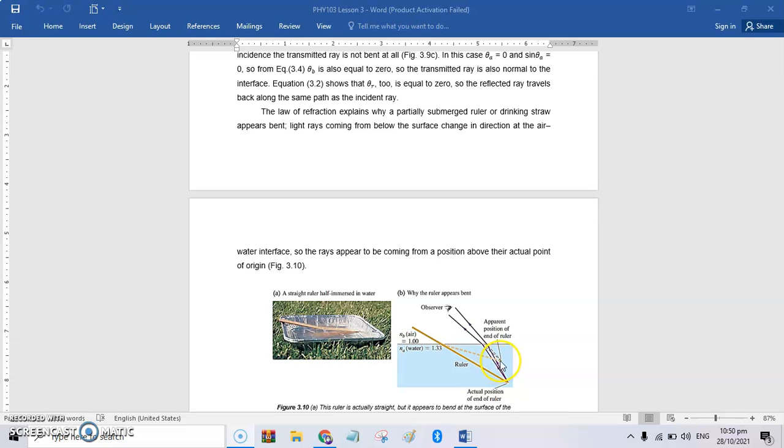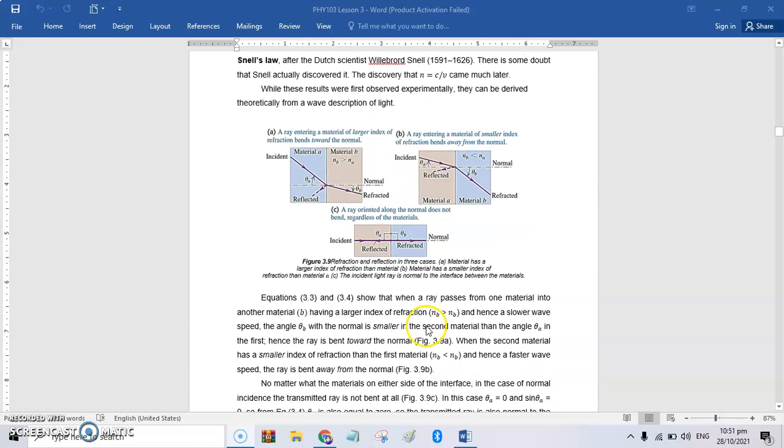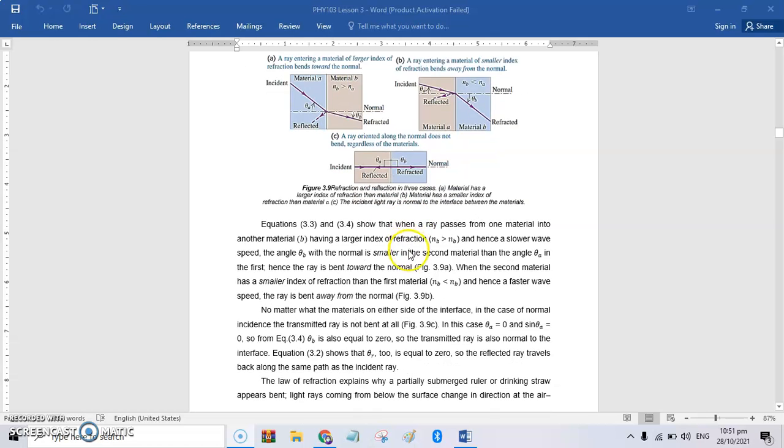What he sees is a slightly bent ruler, but the actual position of the ruler is here. So, NA is 1.33 compared to NB which is 1. What happened is, like this, material B has a higher index of refraction than material A. So, its refracted angle is bent towards the normal.